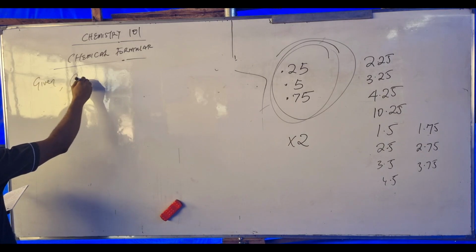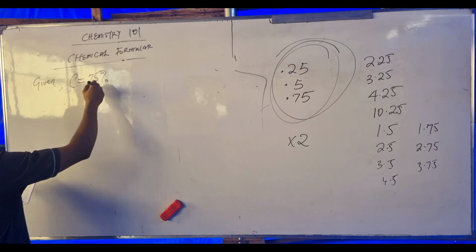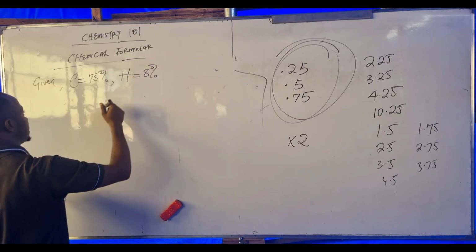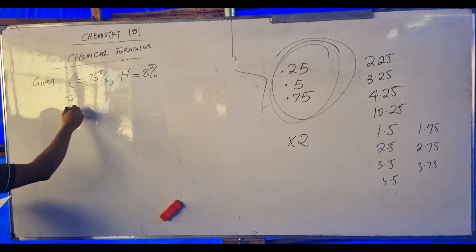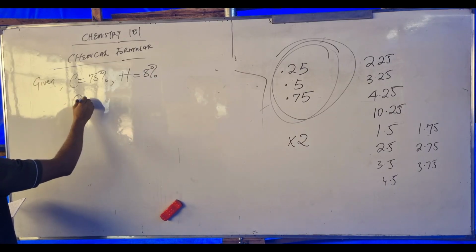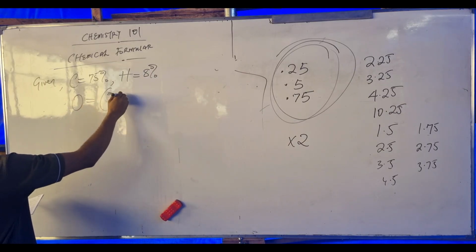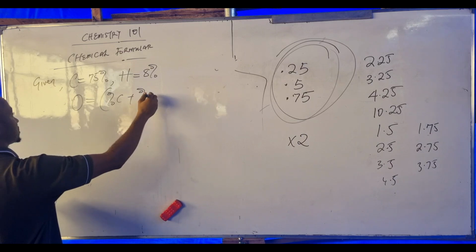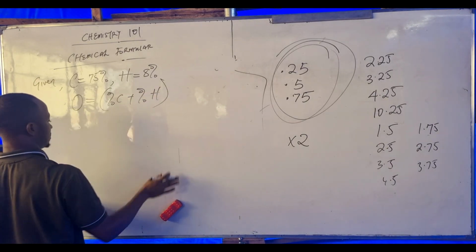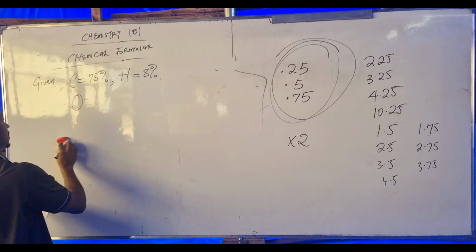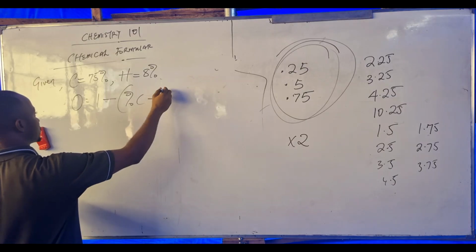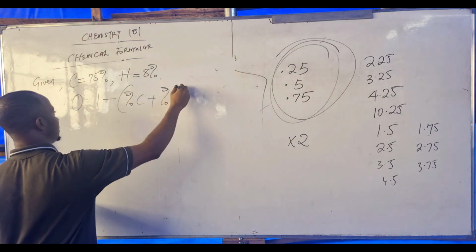Carbon percentage is 75, right? What again was given? Hydrogen is 8%, right? So what will be the percentage of oxygen? It will be 100 minus the percentage of carbon plus that of hydrogen.